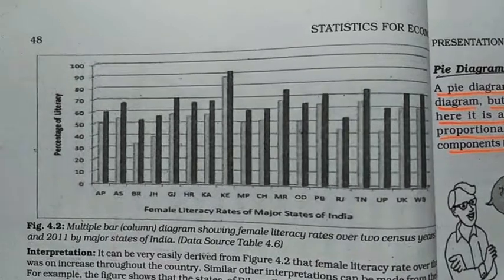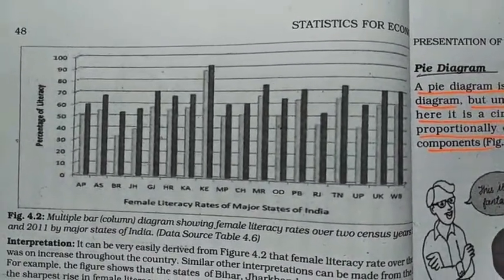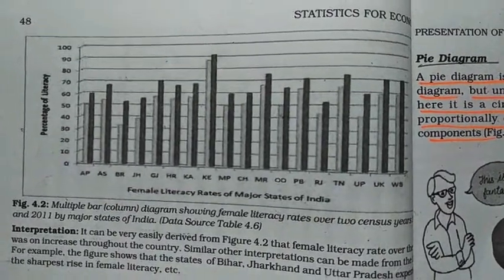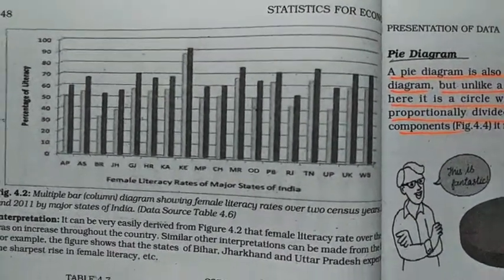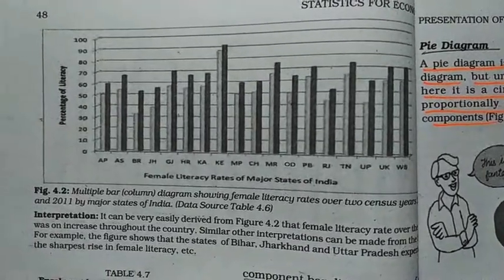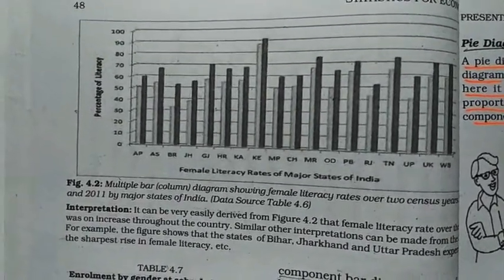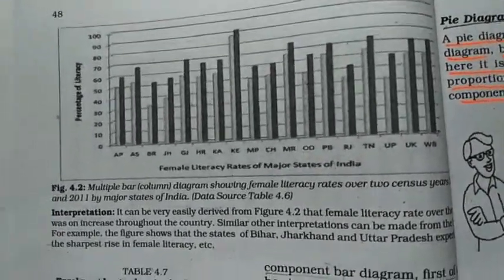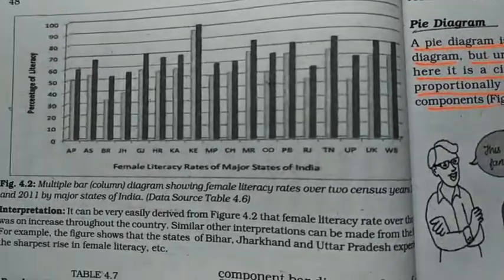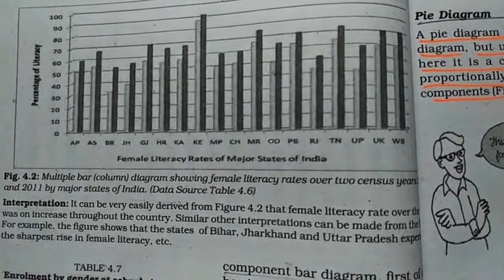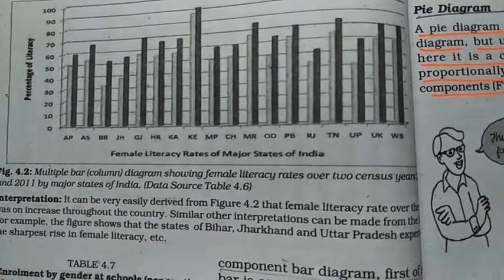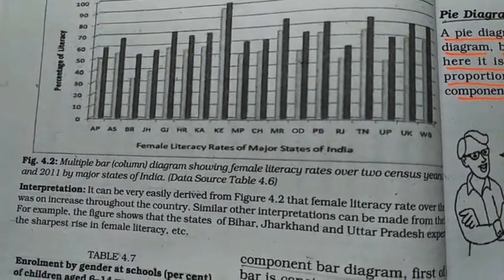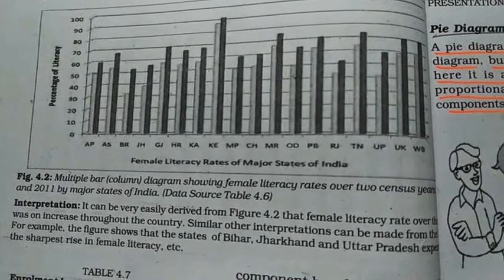This is the example of a multiple bar diagram, which is measuring the female literacy rate of major states of India over two census years, that is census 2001 and census 2011. We are comparing two sets of data, that is data of census 2001 and census 2011 about the female literacy rates of major states of India.